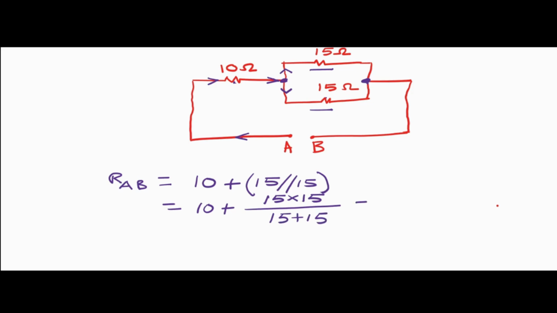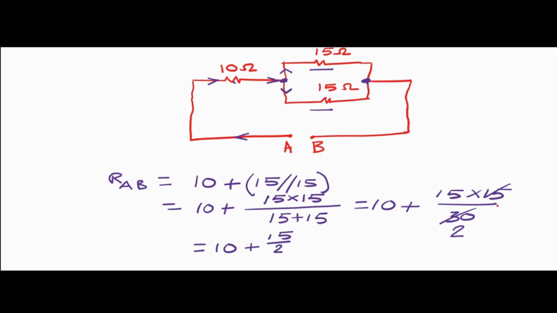So the value will be 10 plus 15 multiplied by 15 divided by 15 plus 15, which is 30 ohms. Now 15 and 30 give 2. So the value is 10 plus 15 by 2.